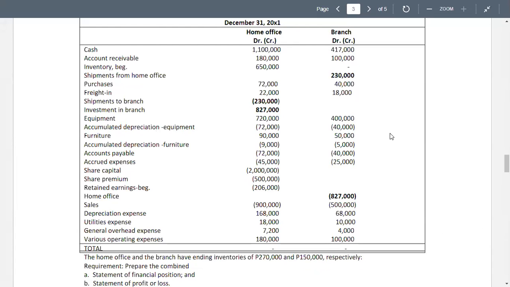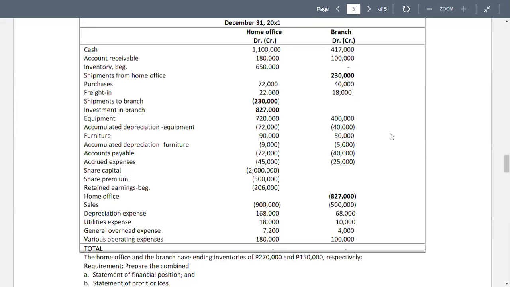So you just begin with sales. Sales here is 1,400,000. Then we deduct cost of goods sold.